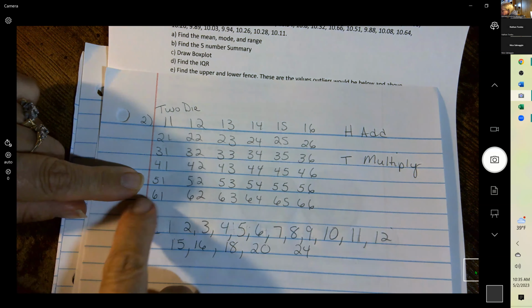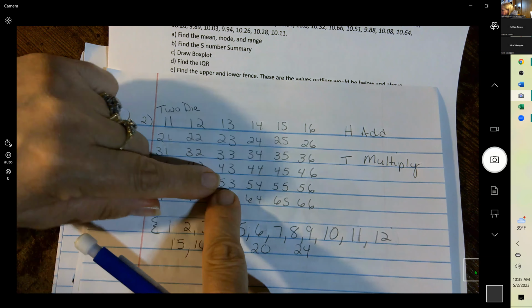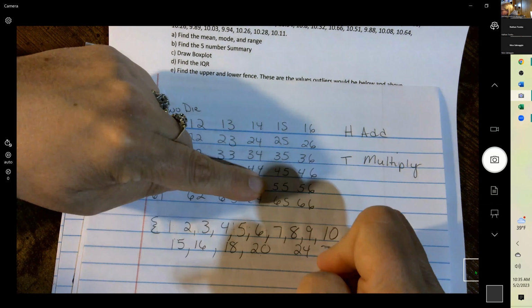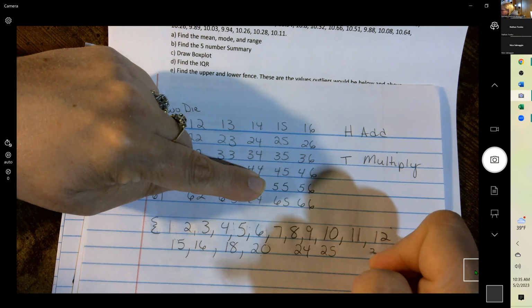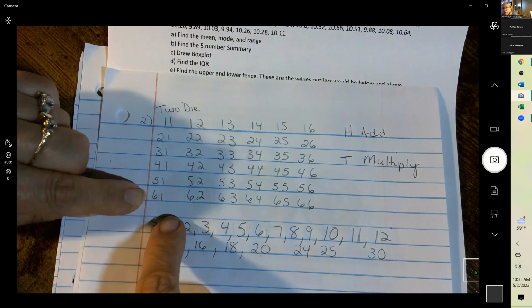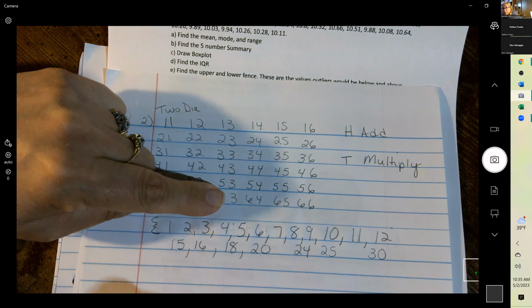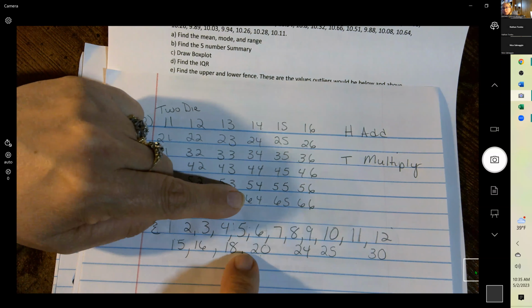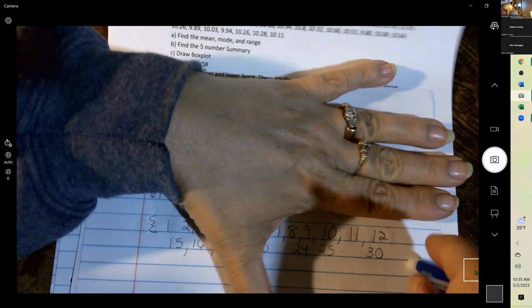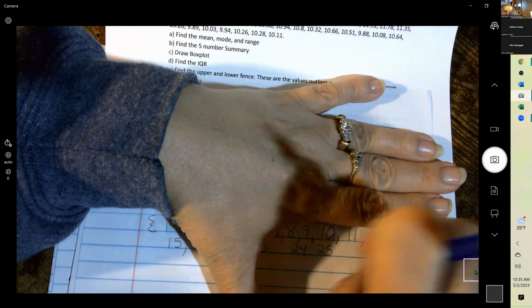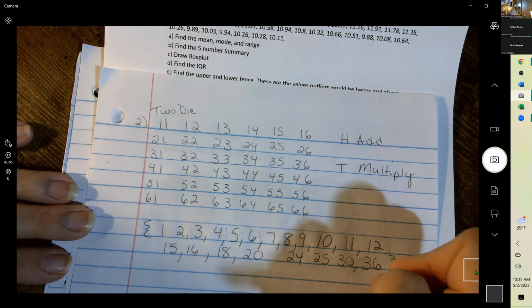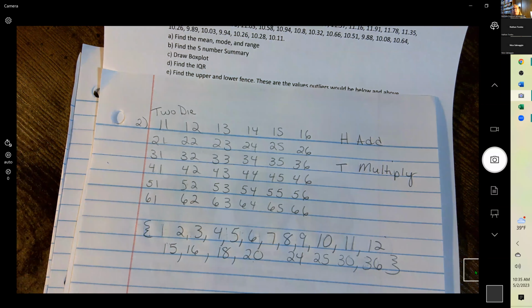Multiplying 5, we have 10, 15, 20, 25, 30. 6, 12, 18, 24, 30, and 36. So those are all the possible outcomes.